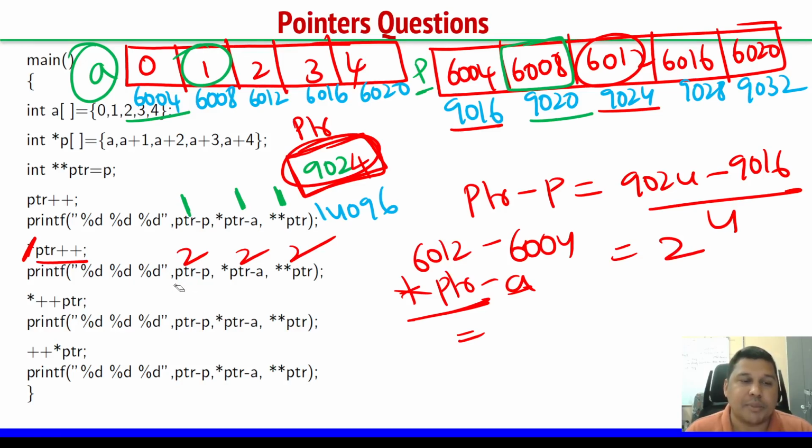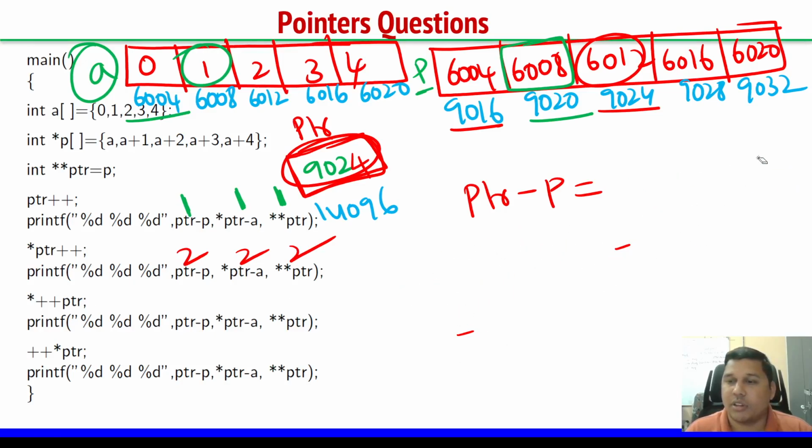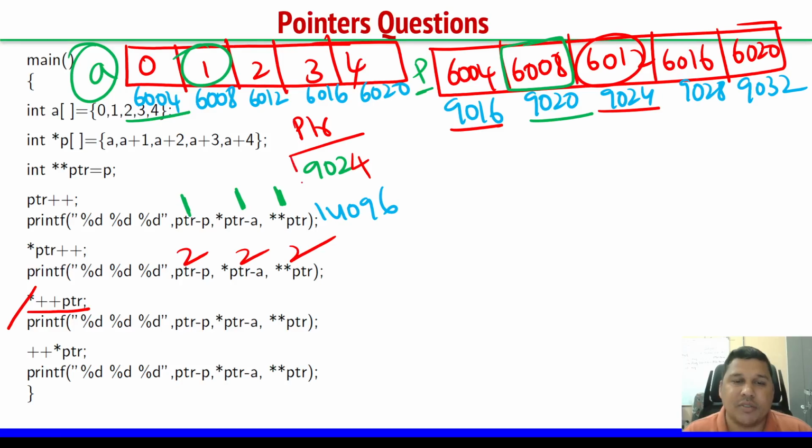Alright. Next, come to the third statement. Here you see star plus plus PTR. I told you the leftmost stars can be ignored. So it is plus plus PTR, pre-increment of PTR. Because of this, this PTR will become 9028.